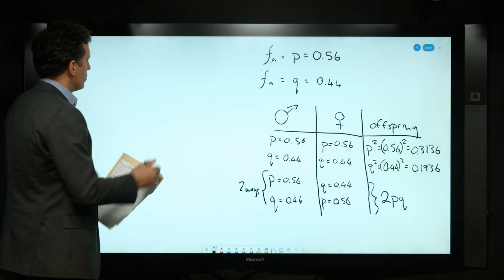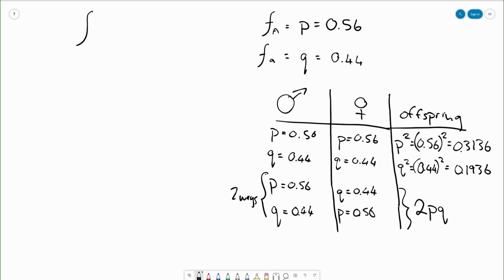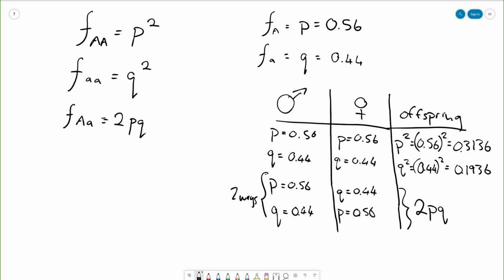Of course, the frequency of the big A big A genotype is going to occur with frequency p squared. The frequency of the little a little a genotype will occur with frequency q squared. And the frequency of the big A little a heterozygous genotype is going to occur with a probability of 2pq.